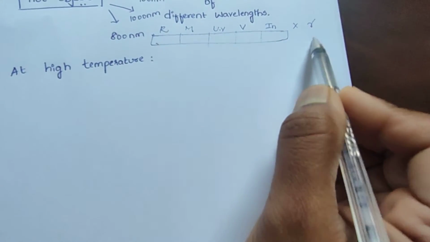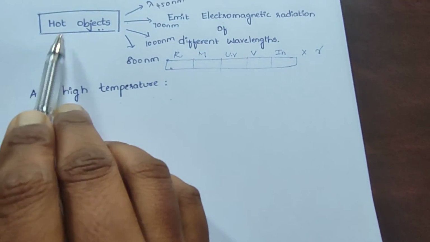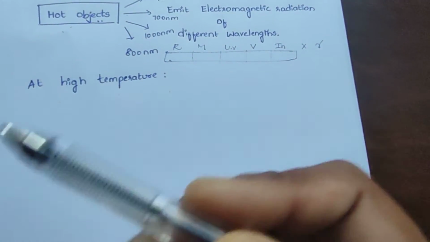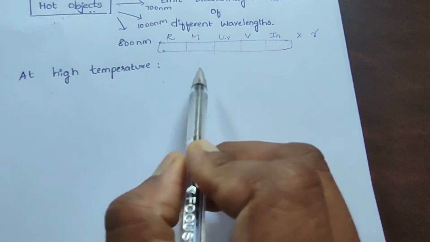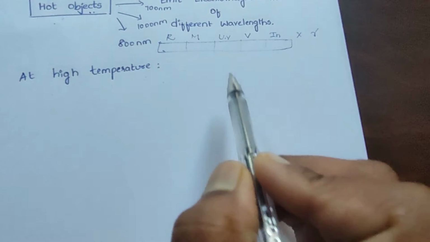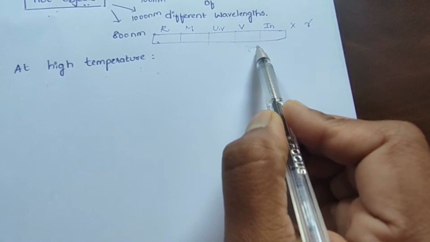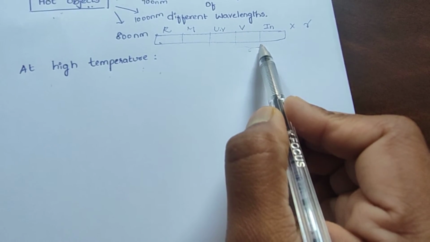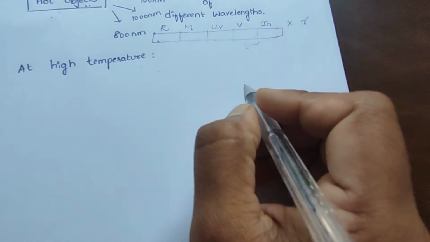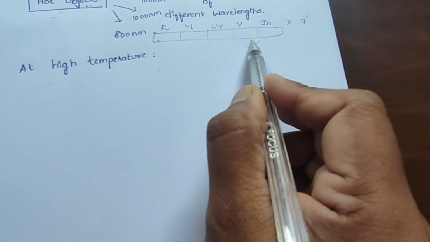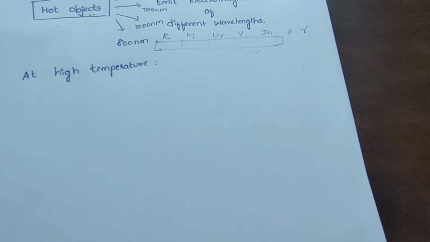In this spectrum, when hot objects acquire high temperature, they start releasing electromagnetic radiations in the visible region. So at high temperature, an appreciable portion of radiation will be in the visible region of the spectrum.